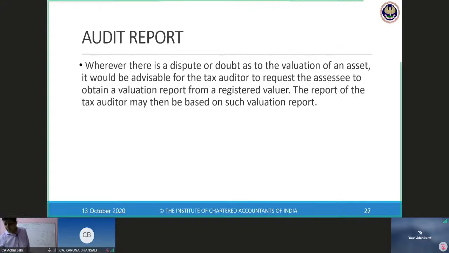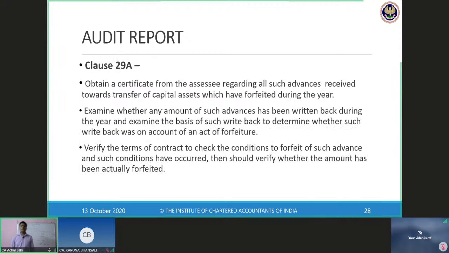In that case, the assessee would be required to obtain a valuation report from the registered valuer. The report of the tax auditor may then be based on such valuation report, which will again be analyzed by the auditor. It's not that he will not analyze it, but yes, his report will be based on that.